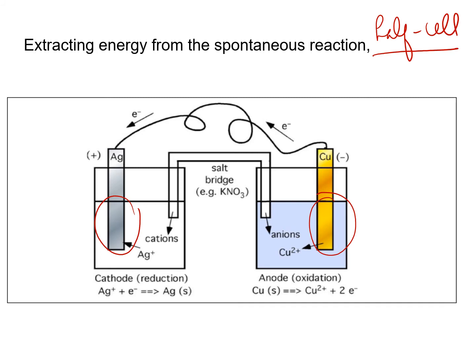If you notice also in the diagram, you have this kind of U shape, which connects the two solutions. We call this the salt bridge. For this particular reaction, it's potassium nitrate. The salt bridge basically is a conducting medium through which our ions can move from one half cell to the other half cell.